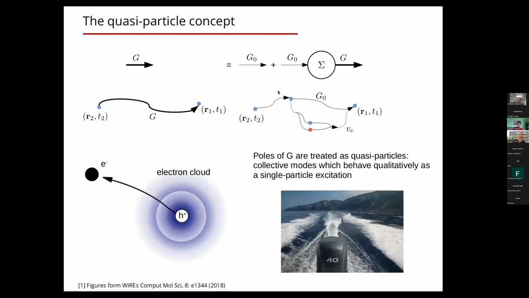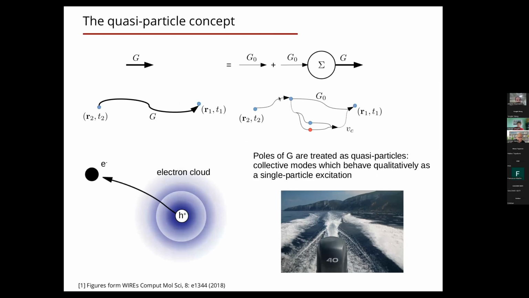Here is just a slide to try to explain the quasi-particle concept. As you have seen, the added electron experiences some scattering events while it is propagating through the solid by interacting with the other electrons.